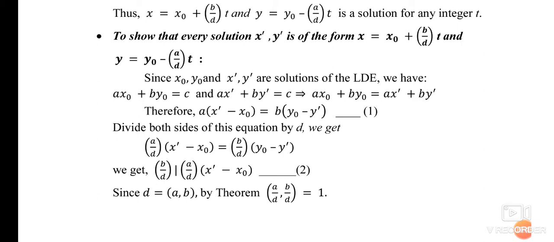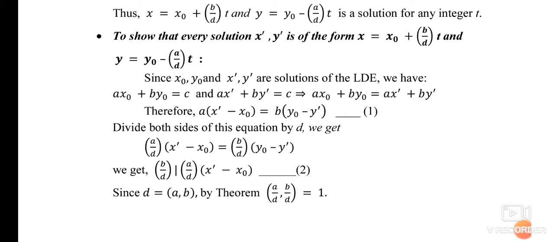So we get a by d into x dash minus x naught equals b by d into y naught minus y dash. Here we observe that a by d into x dash minus x naught is a multiple of b by d.